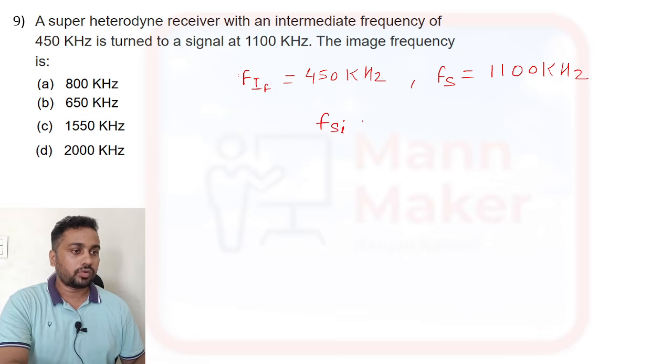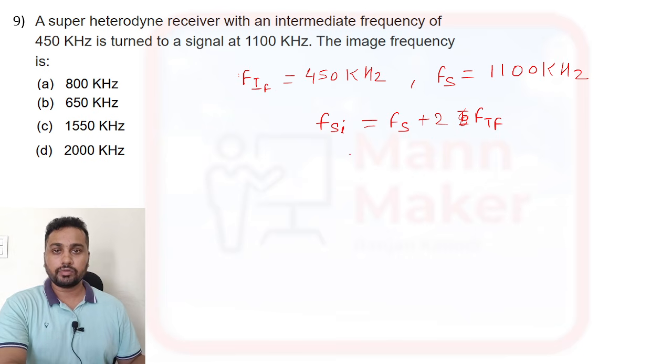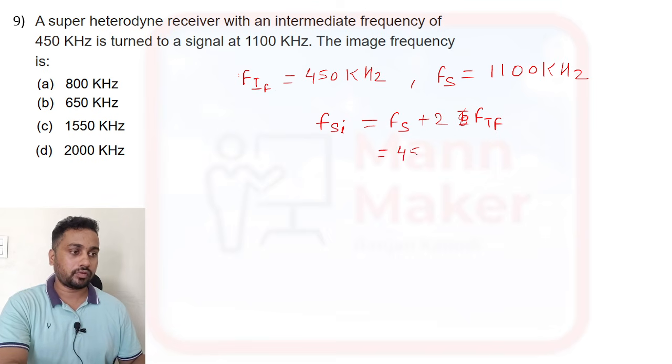Image frequency. So the formula is there. Image frequency is equal to Fs, that is your tuned frequency, plus twice the intermediate frequency. We have all the values. This is 450 and this is 1100. Sorry, something we have done wrong here.